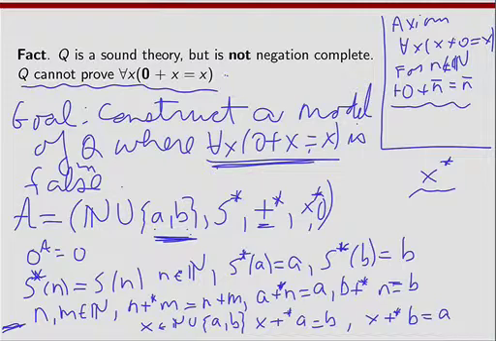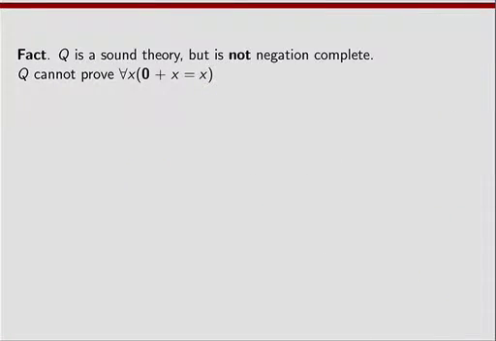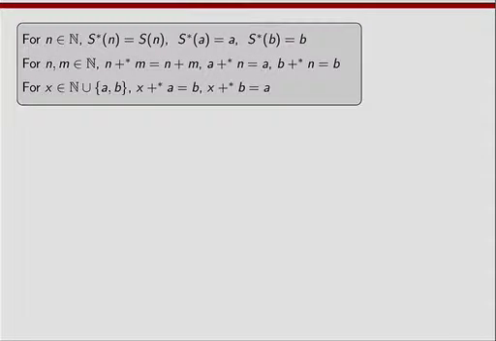We need to know, does this model satisfy, make all the axioms of Q true, and does it make this formula false? So over here, just as a reminder, this is the interpretation that I gave.